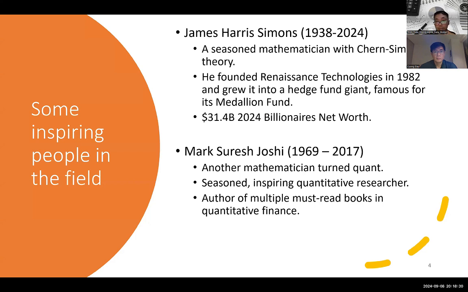The first one is Simon. I would like to mention first that he was a very seasoned mathematician with a theory named after him, and the legend Chern is a legendary mathematician as well. So Chern-Simons theory. But after creating Chern-Simons theory, he founded Renaissance Technologies.